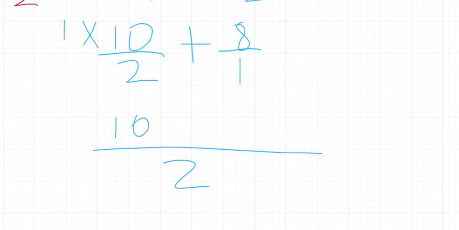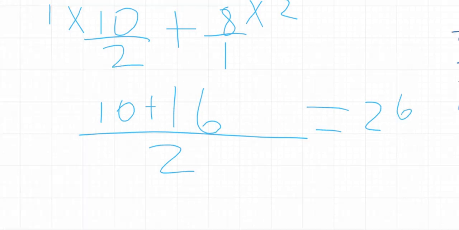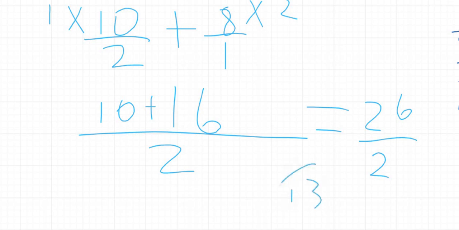Then 2 into 2 goes 2 times, and that answer we multiply by the numerator of that fraction, which would give us 16. So this will give me 26. We bring back the denominator, and 2 into 26 goes 13 times. So our answer will be 13.